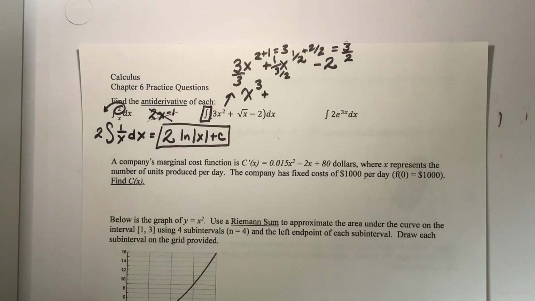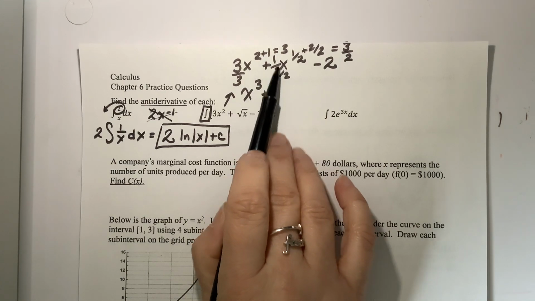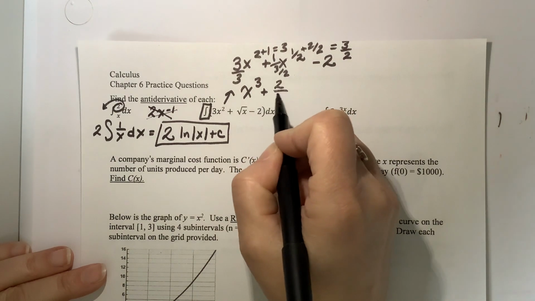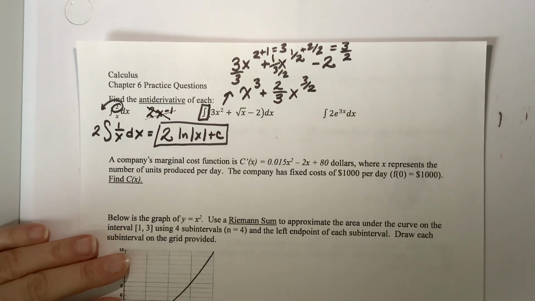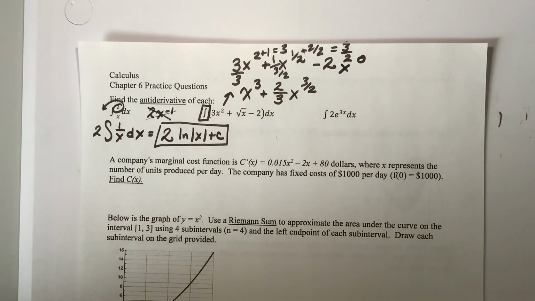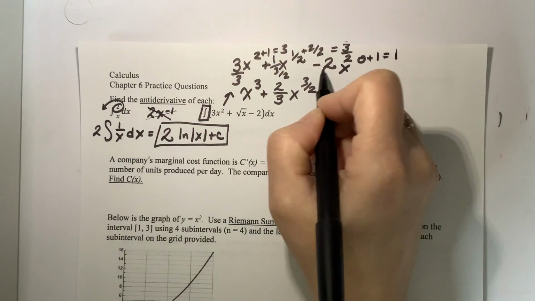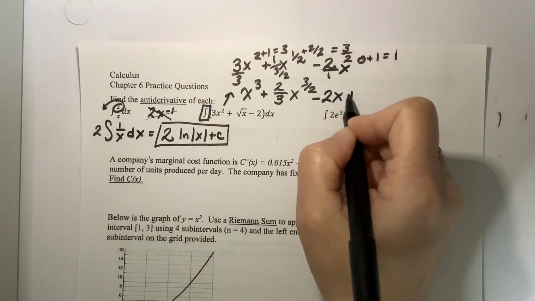Well, you can't divide fractions, so I would keep the 1 the same, change divide to multiply, flip 3/2 to 2/3. 1 times 2/3 is 2/3. X has an exponent of 3/2. The -2 does not have a variable, so I say x to the power of 0. Add 1, the exponent is now a 1. Divide by 1, it's -2x.